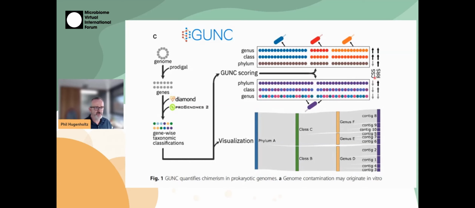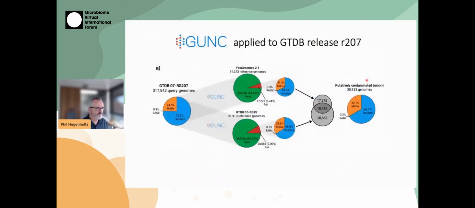Now, these scores are then generated per genome, so they're a single score for the whole genome. The recommendation from the paper is that if your CSS, or clade separation score, is greater than or equal to 0.45 on a scale of 0 to 1, then it's failed. It's putatively contaminated and it should be failed. So that's where we're starting from.